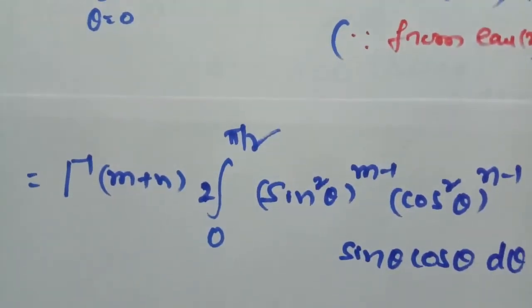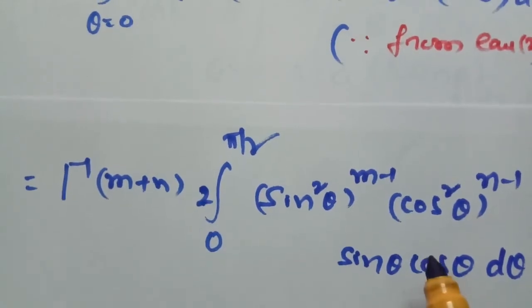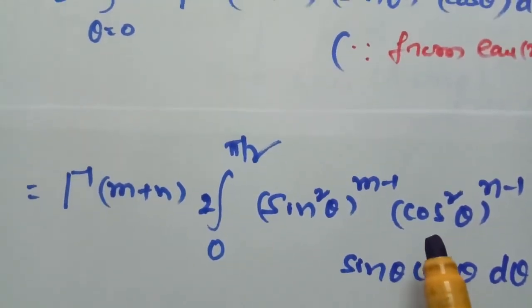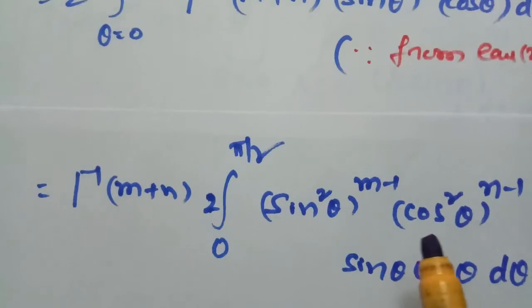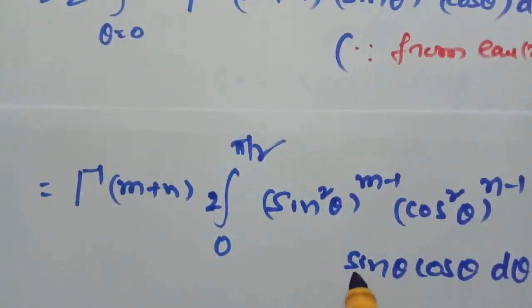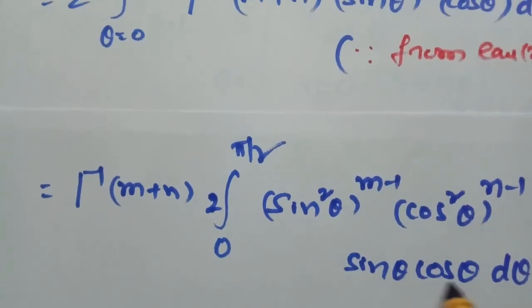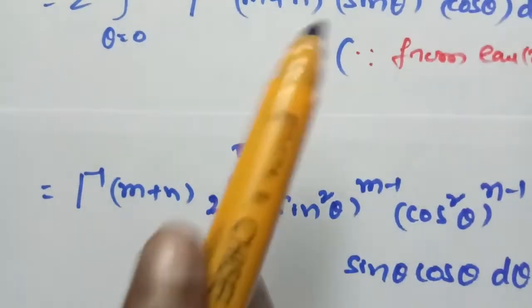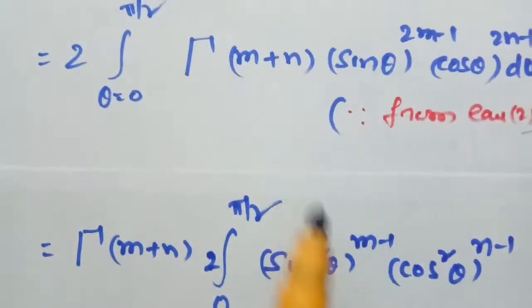Or you can assume that we are multiplying and dividing by sin theta and cos theta. The multiplication sin theta cos theta we write here, and the division by sin theta we write in the numerator.